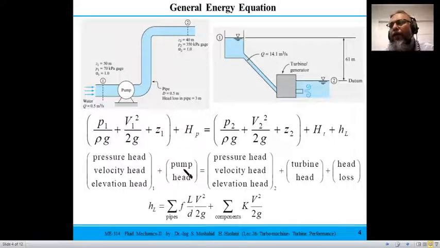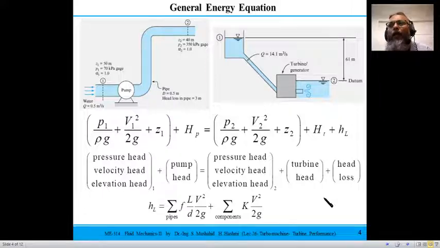This is the pump head, and then there is the outlet: the pressure, velocity and elevation head at section 2, then the turbine head, and then the sum of the head losses. So this equation is very useful in solving problems related to turbines, which most of you have done in your FM1 course as well.